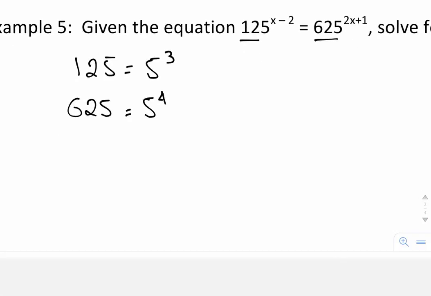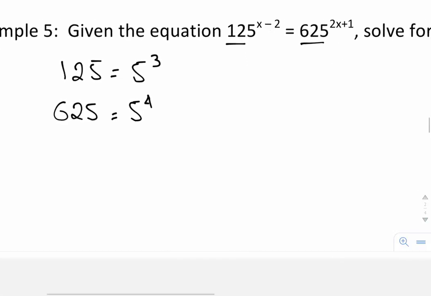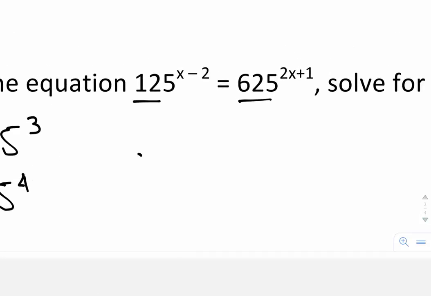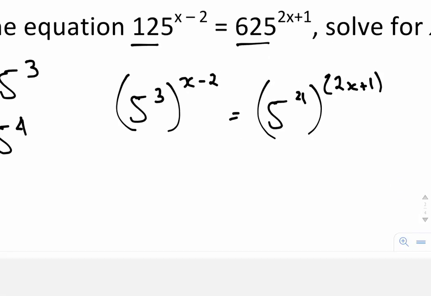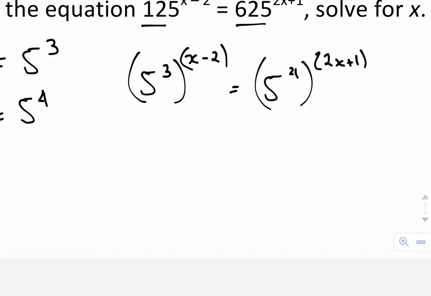So what does that mean? It means that I can rewrite my equation here, where my base is 5 cubed to the exponent x minus 2, and I have 5 to the exponent 4, and my exponent is 2x plus 1, and I can now multiply out my exponents.